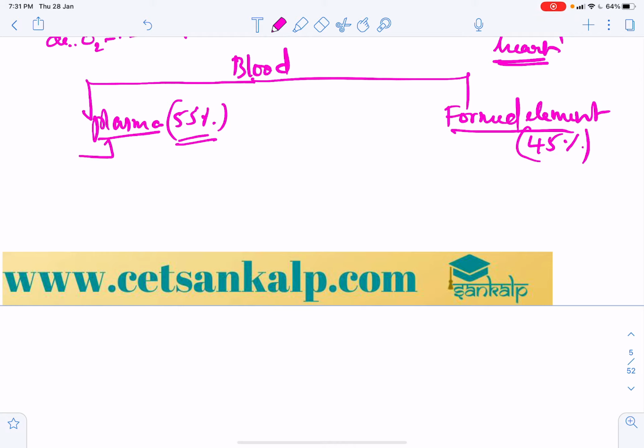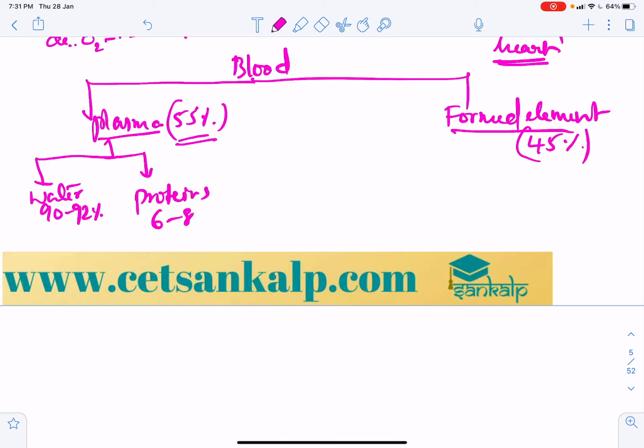So what does plasma include? Majority of it is water, that is 90 to 92% water, and proteins, 6 to 8% proteins. These proteins are very important, which include fibrinogen, albumin, and globulin.